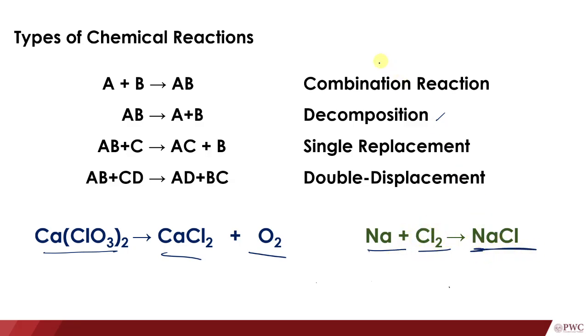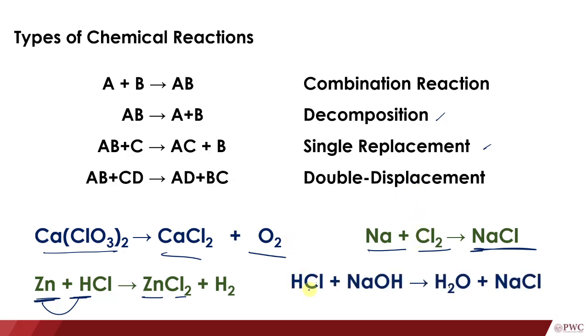This one is a combination reaction. This one, Zn plus HCl producing ZnCl2 plus H2. So here this Zn replaces hydrogen as the partner of Cl. So we have ZnCl2. So this one is a single replacement reaction.